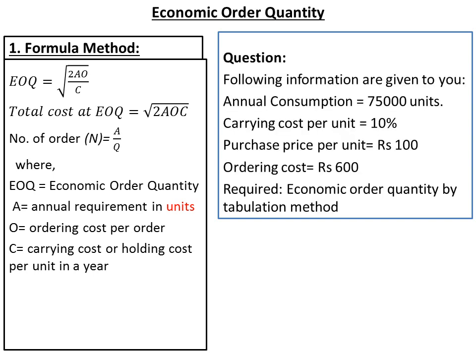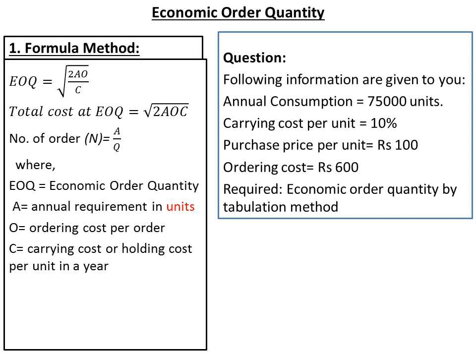Now this is the question. The following information is given to you. Annual consumption equals 75,000 units and carrying cost per unit is 10%. 10% of what? This is not specified in the question. Next is the purchasing price per unit, that is 100 rupees.